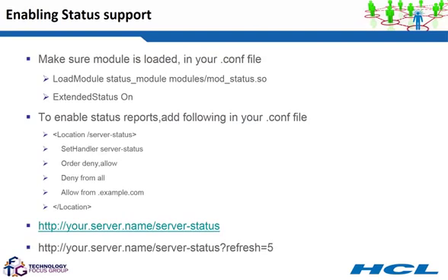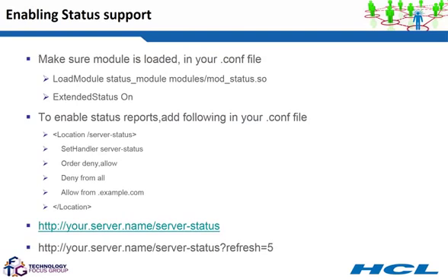Another change you have to make is to add this particular set of tags in your conf file: Location /server-status, with some properties, Order, Deny. You can always specify the IPs from which you want to allow access, for security purposes, but I have taken a generic example. You can say Allow from a certain set of IPs, so that only those IPs will be able to access the server status page.